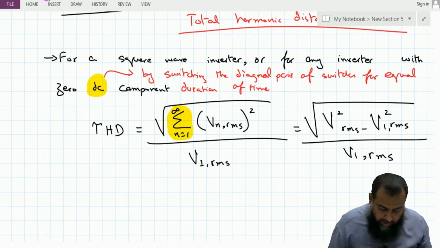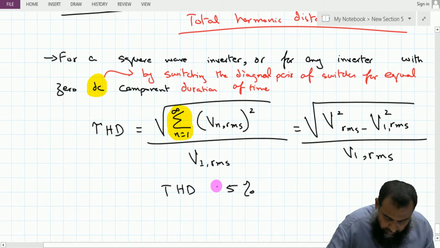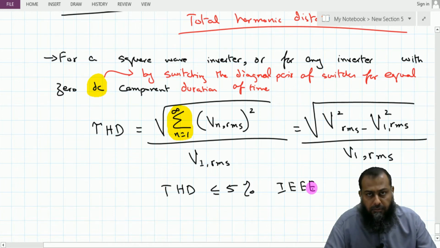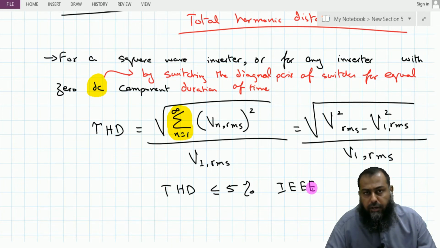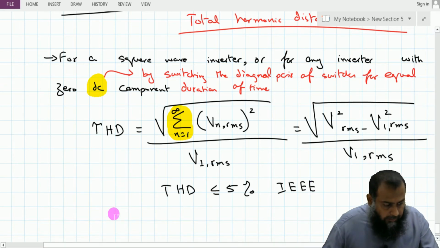Remember that this THD should be less than 5% according to the IEEE standards. Various other standards restrict it to between 5 to 10% in order to limit harmonic pollution in the national grid.